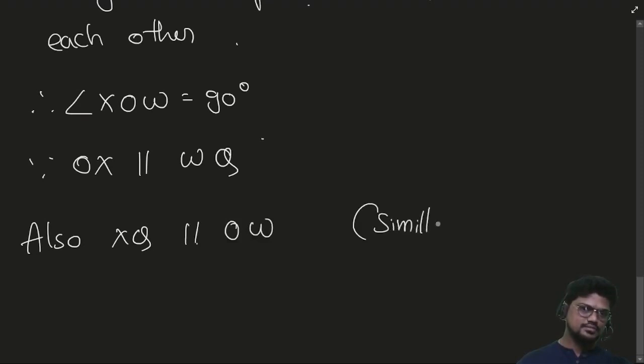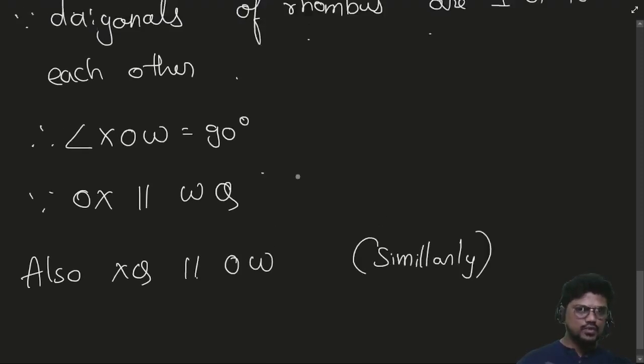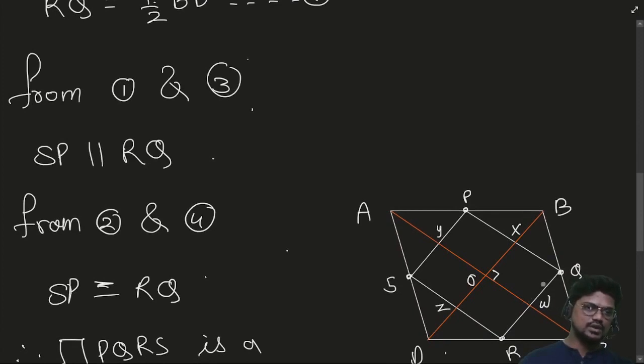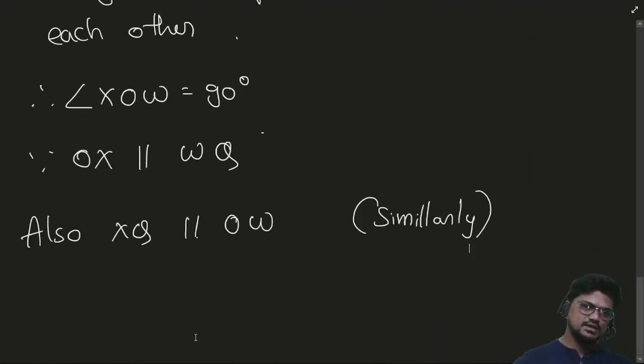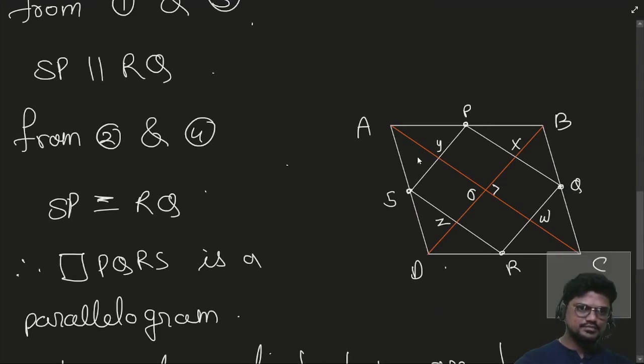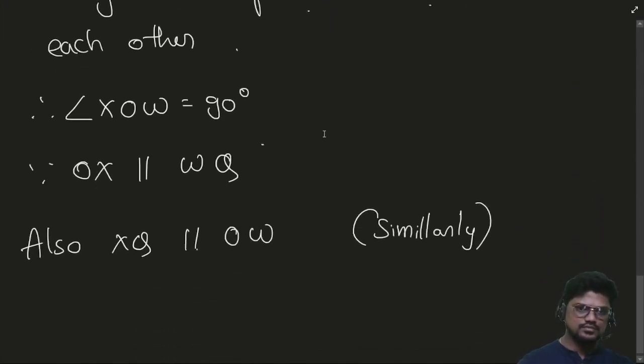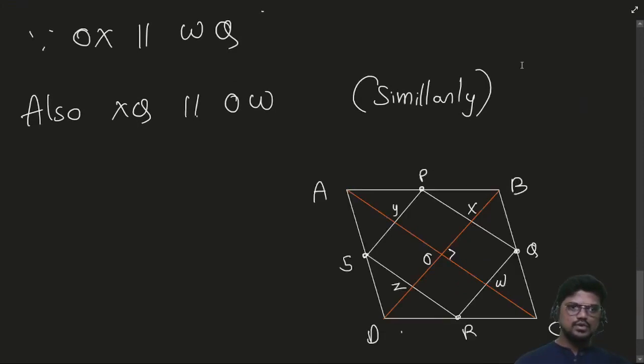Similarly, as we have proved that OX is parallel to WQ, because this and this are also midpoints, this will be parallel to this and this will be parallel to this, and therefore this will be parallel to this. Therefore, quadrilateral OXQW is a parallelogram.